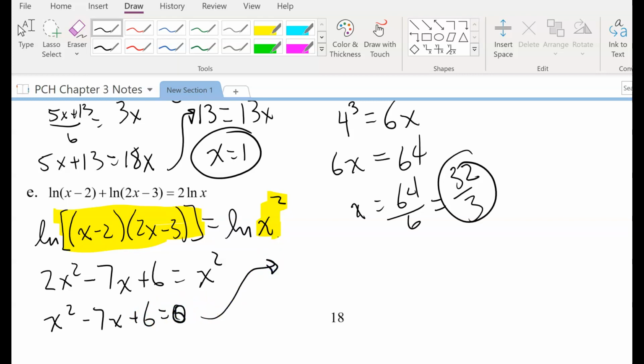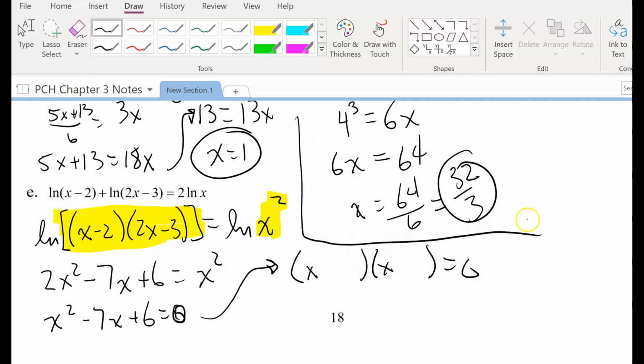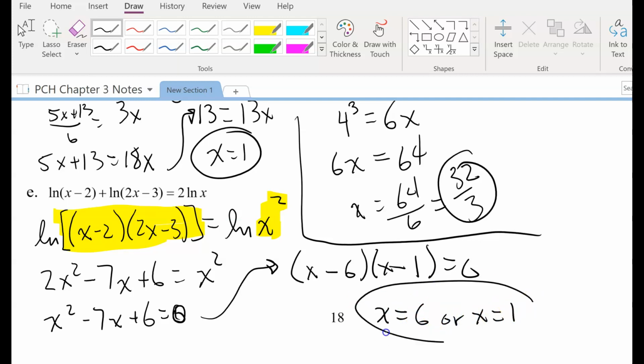And let's go ahead and factor this. So I need two numbers that multiply to 6 and add to 7, so that would be 6 and 1. And they both have to be negative, which means that x is going to be 6 or x is going to be 1.